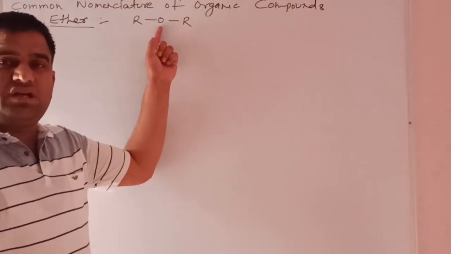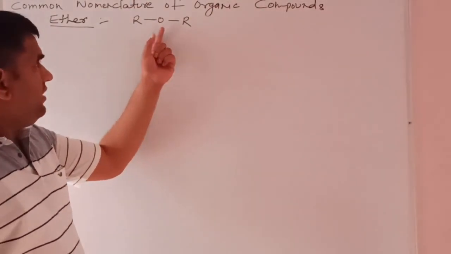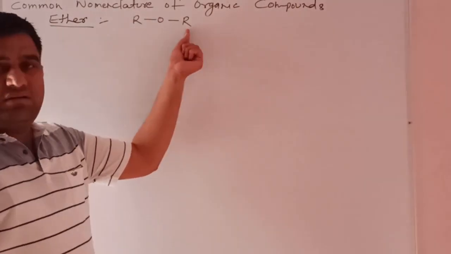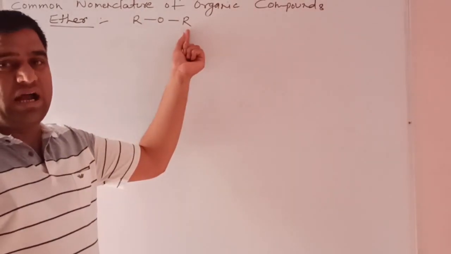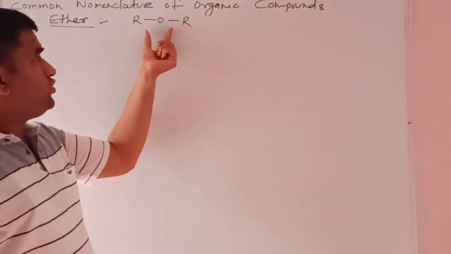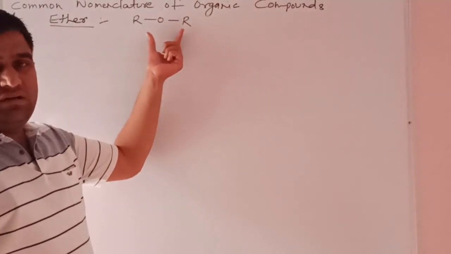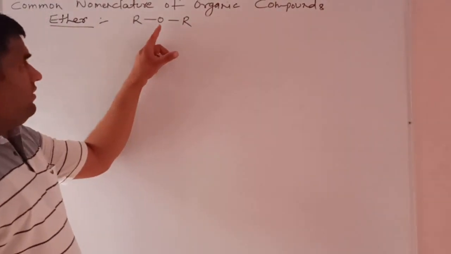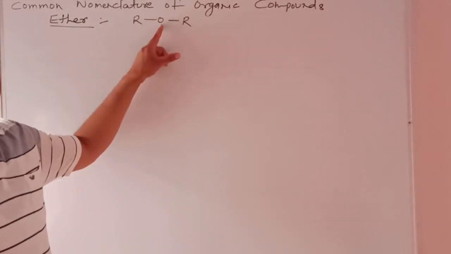Oxygen is the functional group of ether, and the first R is the first hydrocarbon chain, and this R is the second hydrocarbon chain. So in ether, two hydrocarbon chains are present and attached with oxygen.